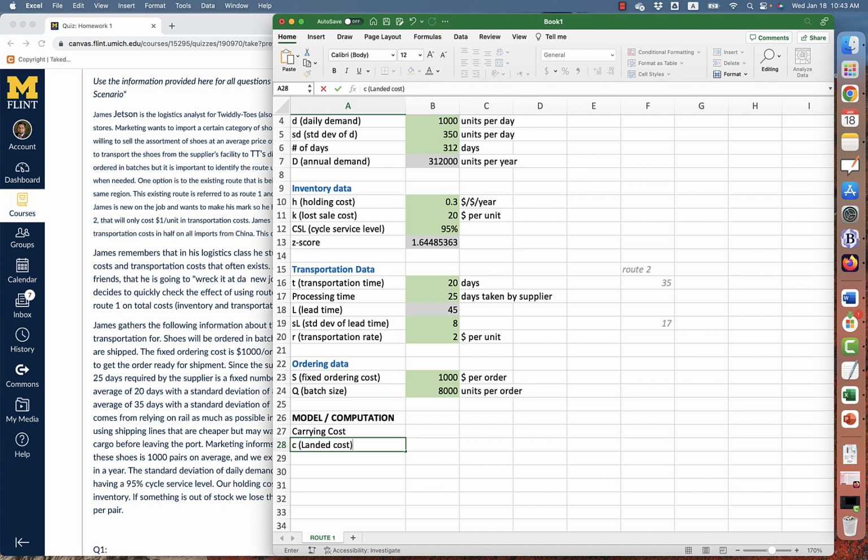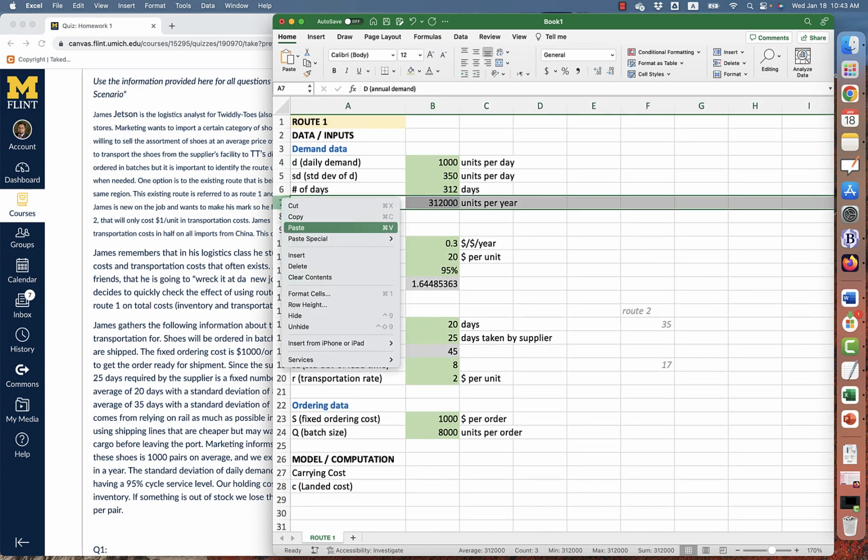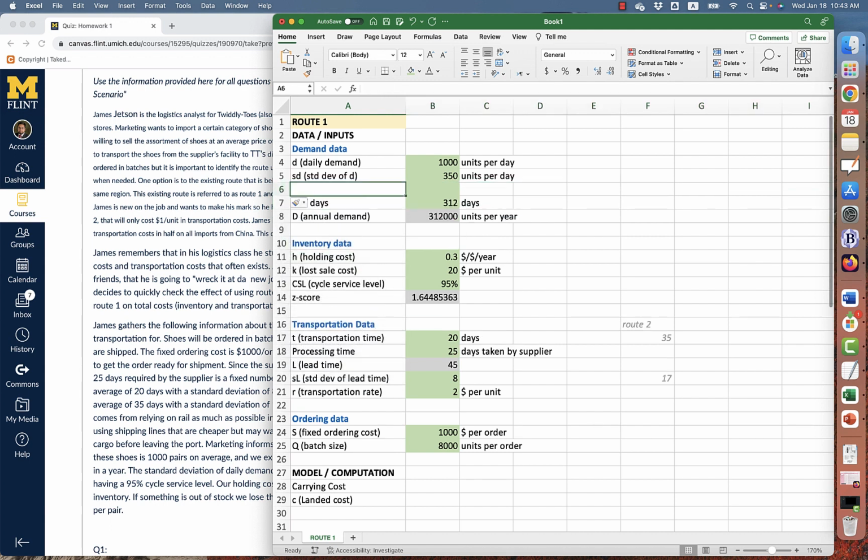The landed cost is simply going to be, we did not put what we pay the supplier, so let's do that here in demand data. It doesn't really fit anywhere, but you can just put it here. C naught, dollar paid to supplier, and that's $38 per unit.